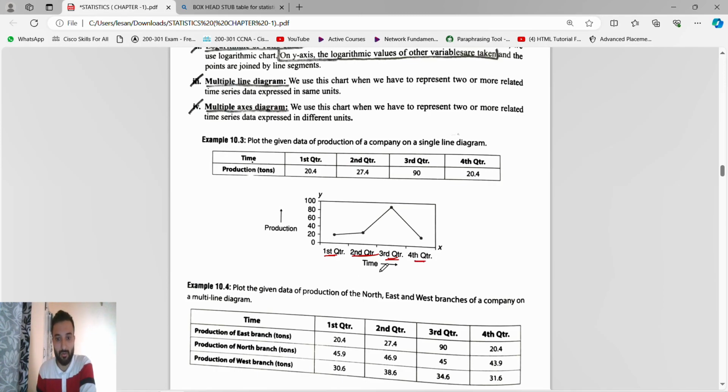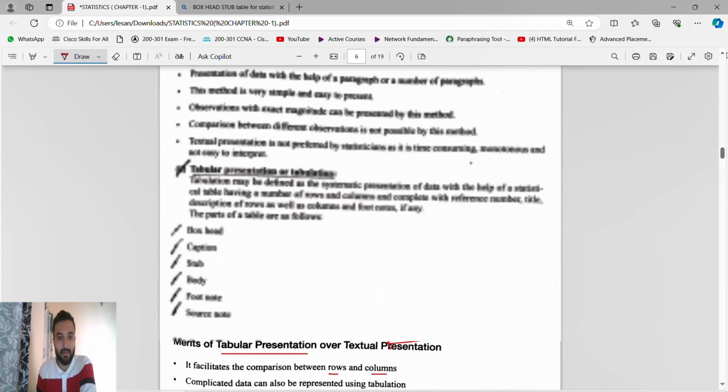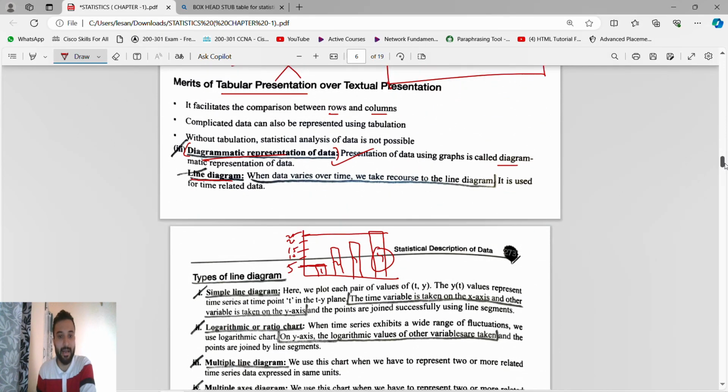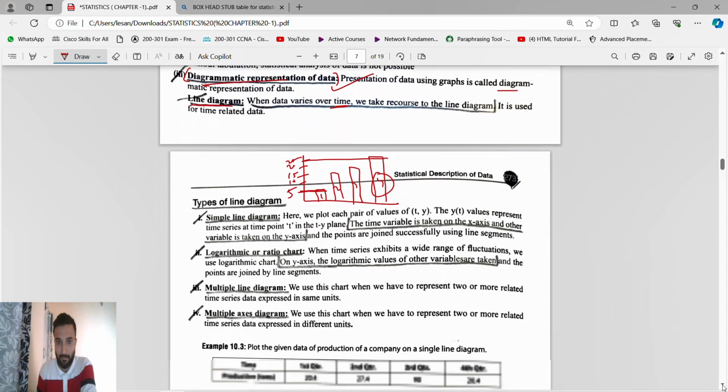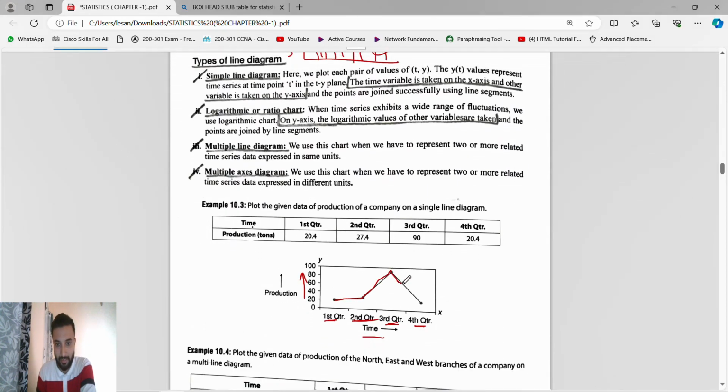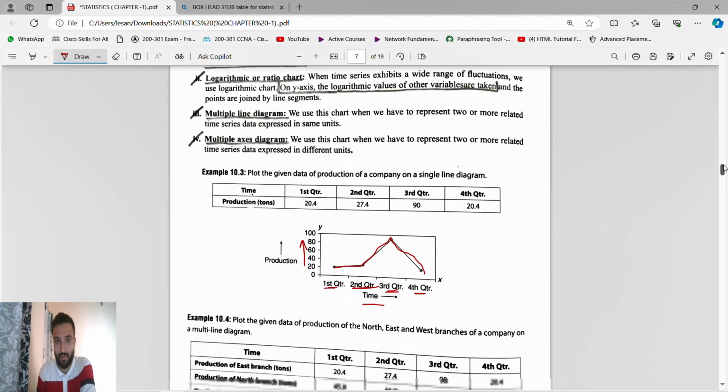So these are the quarters. Over this much time, what is the production? This is a line diagram. Remember this thing, guys: line diagram means data varies over time. And we will present it like this. This is the line, the line diagram.